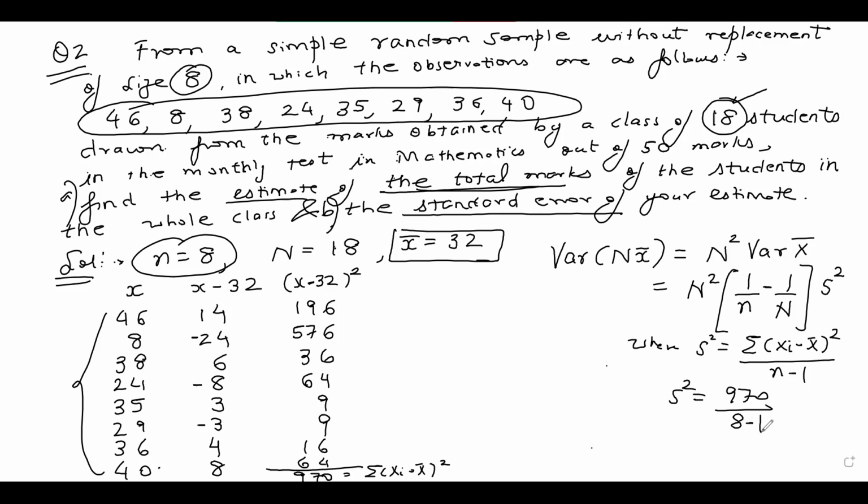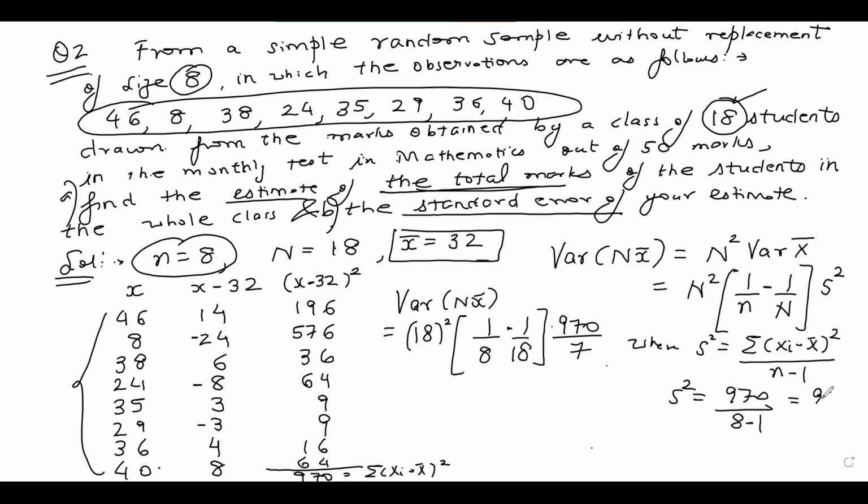Now if I work out the variance of nx bar, it's going to be capital N square, where capital N is 18. So 18 square times 1 over 8 minus 1 over 18 times S square, which is 970 over 8 minus 1, that is 7.